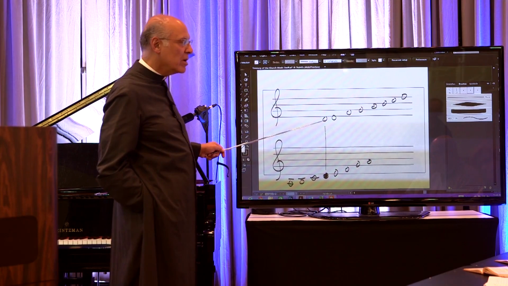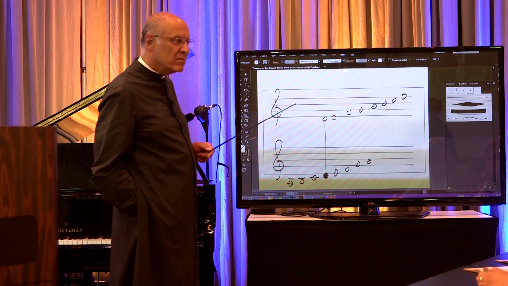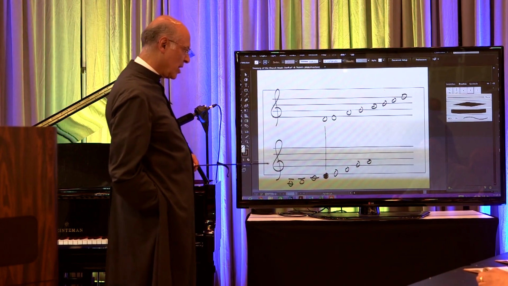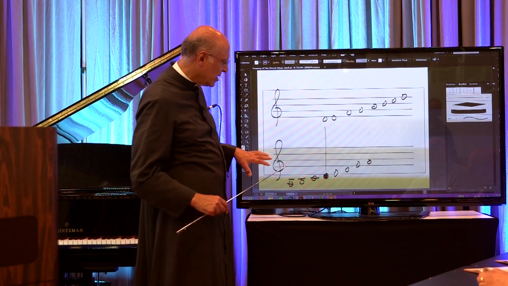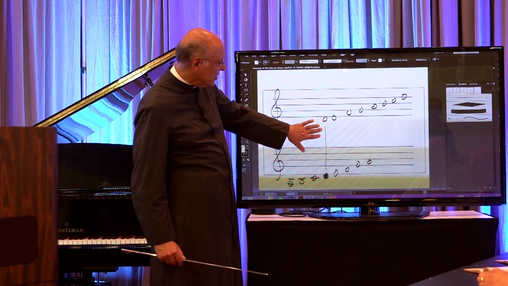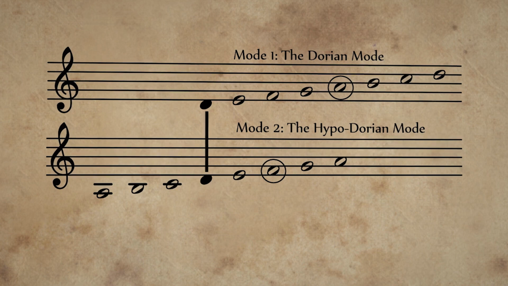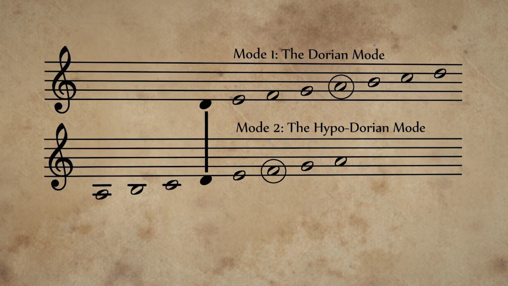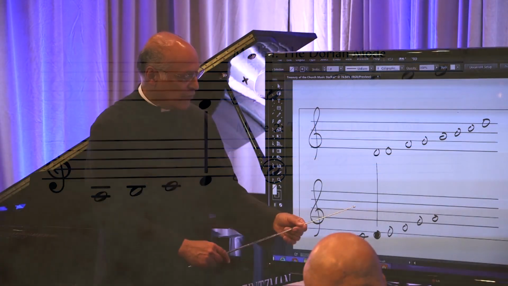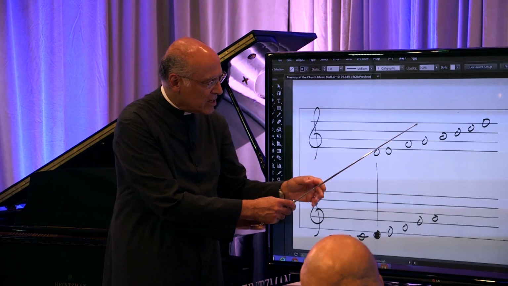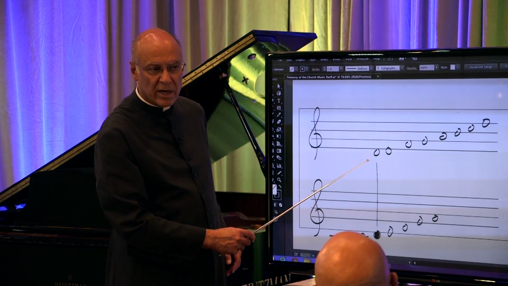That shows the relationship of the authentic mode to its Plagal mode. It is the same final note, the same home base note. This is always where the piece is going to repose, on the final, in the Dorian as well as the Hypodorian, but there is a lower range here. It's not going to be singing up in the higher range and reposing here.